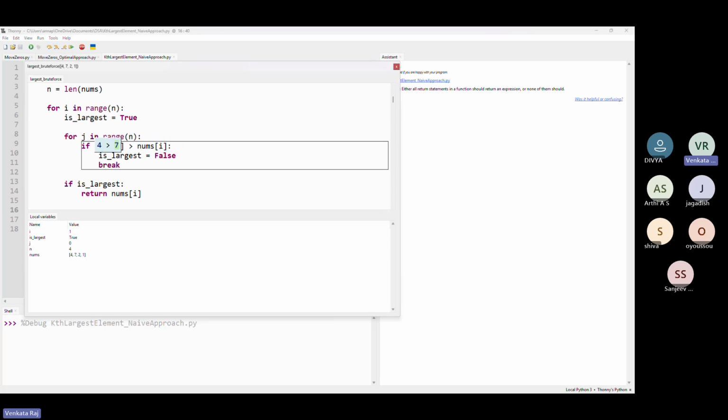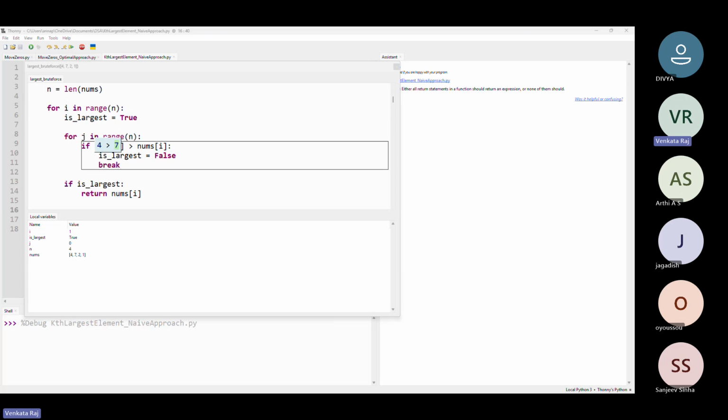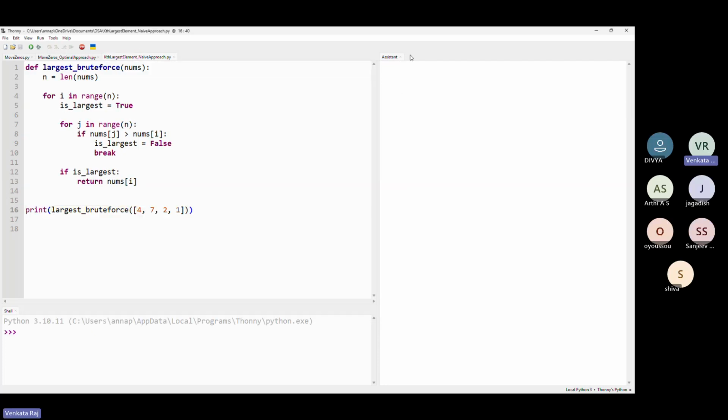Okay, here there is a problem. I have to change the second for loop. When I compare, instead of comparing j from 0 to n, what I have to compare is i plus 1 to n minus 1.